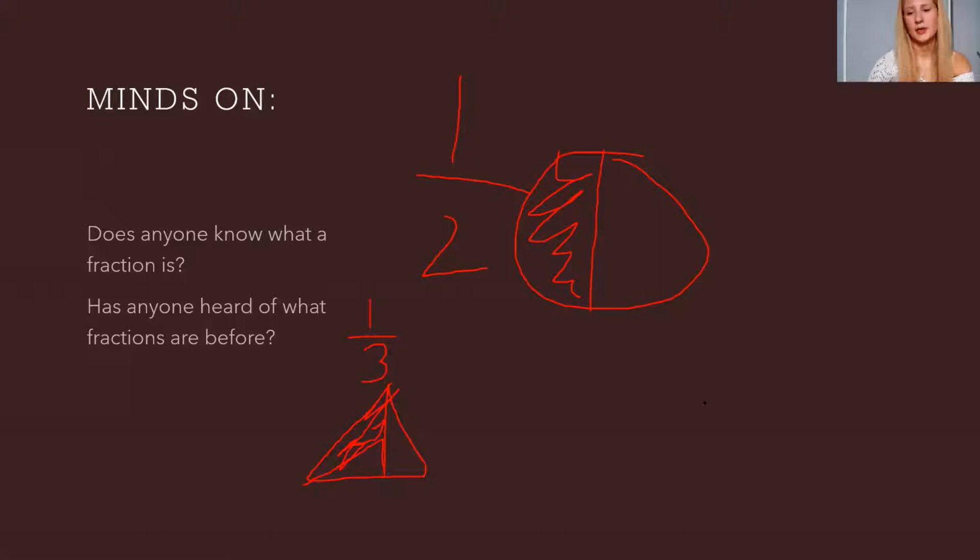How many is colored in? 1. And continue to do this until you think that they have understanding. So again, with this one, 1/4. That's a good way to introduce it. Ask if anyone has any questions.